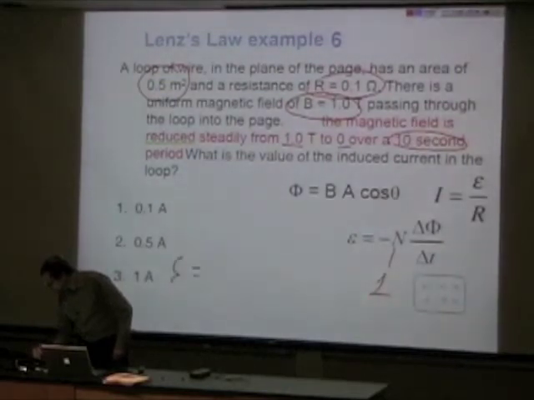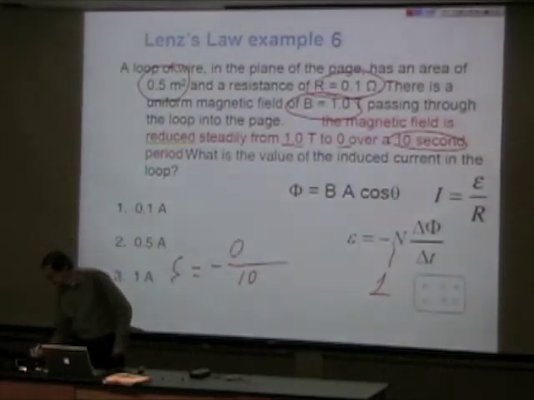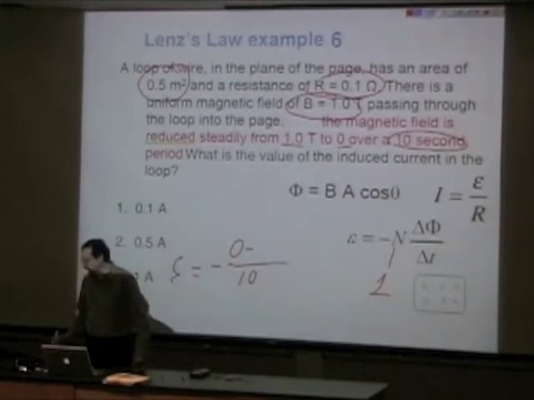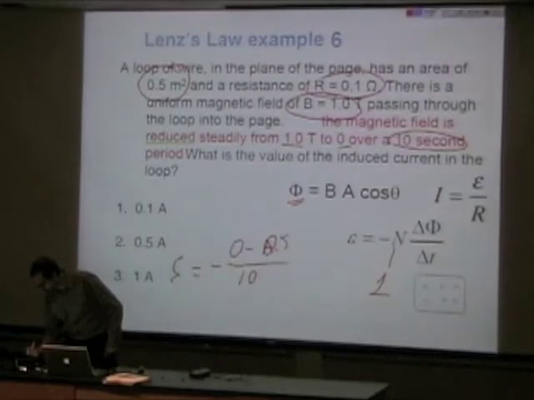EMF is supposed to be equal to minus over 10 seconds. Final value: well, 0 times anything is 0, so it's 0 minus the initial value of the flux. It's supposed to be equal to the area, which is equal to what? 0.5 times the magnetic field, which is 1.